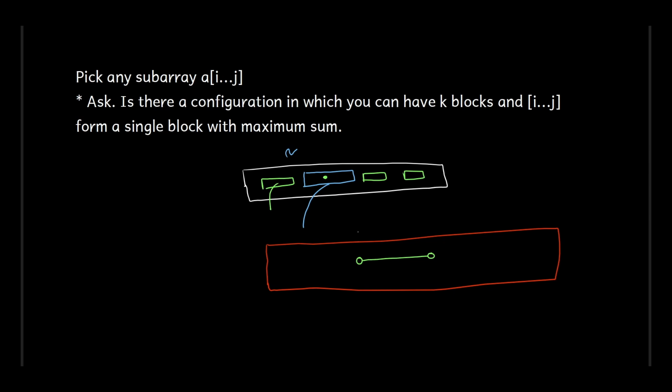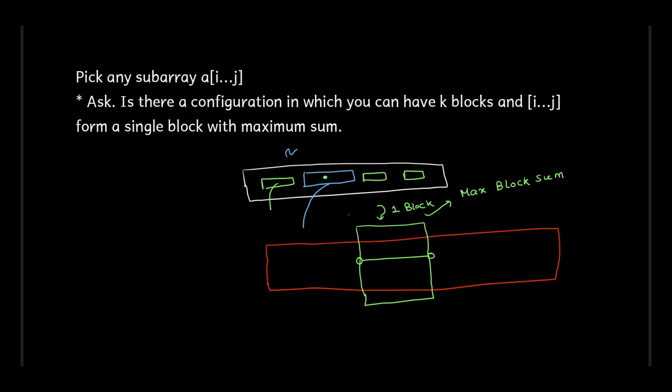This is the subarray that you want to fix, and you want to ask the question, can you build a configuration in which this subarray is one block, and it also has to be the maximum block sum? So how do you even begin to solve this problem?